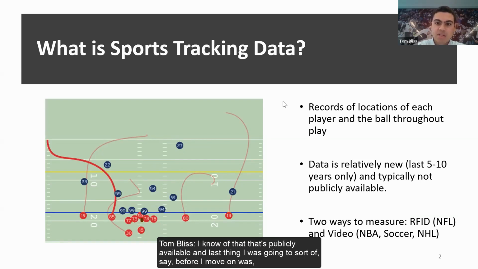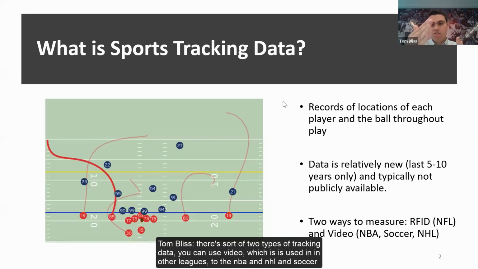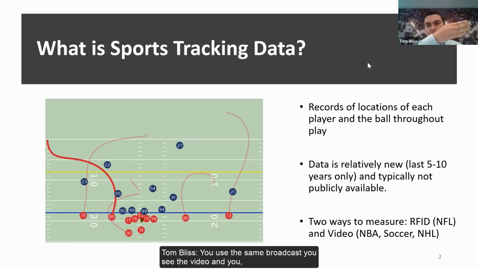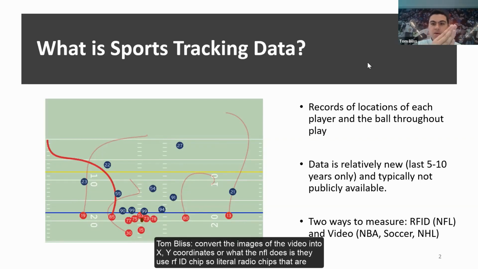The last thing I was going to say before I move on is that there are two types of tracking data. You can use video, which is used in other leagues such as the NBA, the NHL and soccer, where you use the broadcast video and convert the images into XY coordinates.